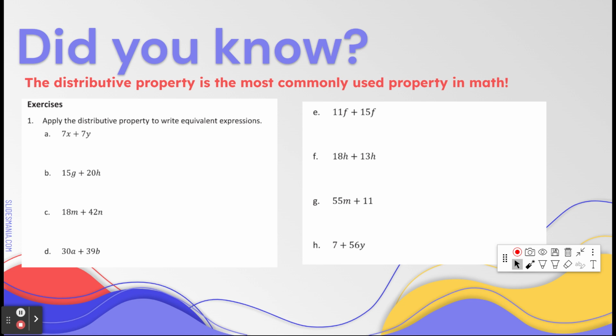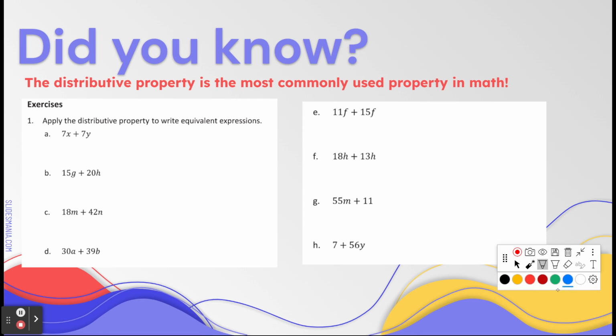And we even talked about how students use it when you play Minecraft and you're making a pickaxe and you're using a certain number of sticks and a certain number of blocks, and how sticks and blocks aren't the same. So you can't add them together. But if you need to make a pickaxe, or multiple pickaxes, you need to know how many of each thing you need. And you do that using the distributive property. You just don't really realize it.